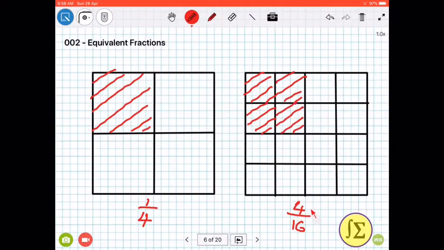So for the first square we have shaded 1 over 4, and for the second one we have shaded 4 over 16.